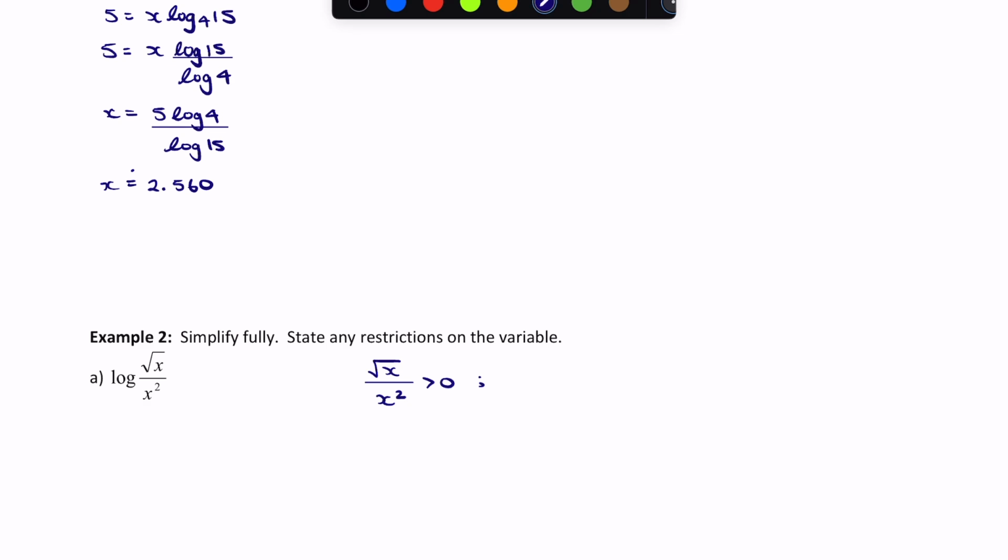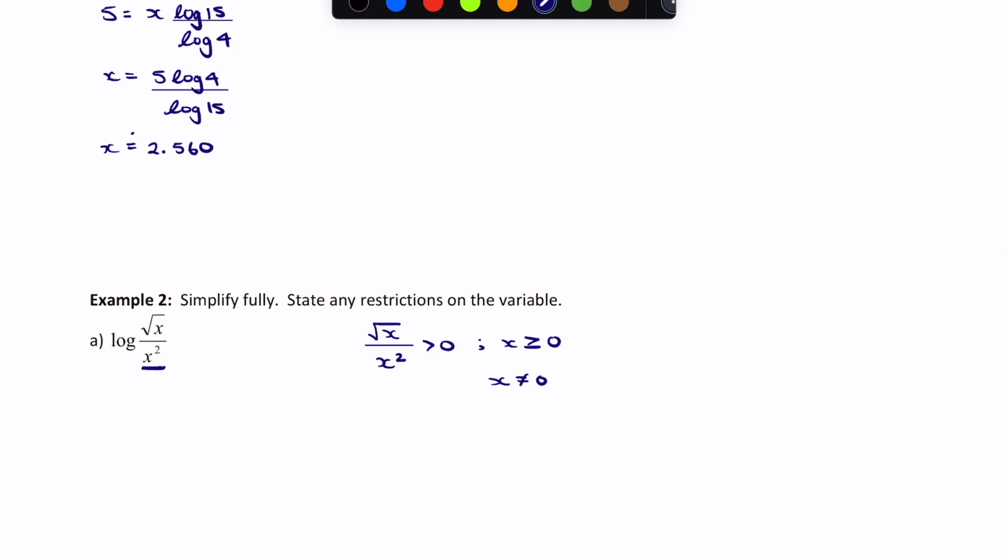And here, x has to be greater or equal to 0. And from the bottom, the x squared, x cannot be equal to 0.